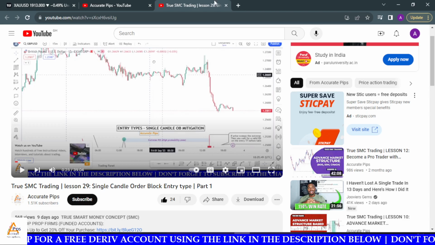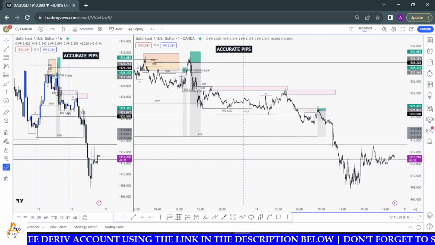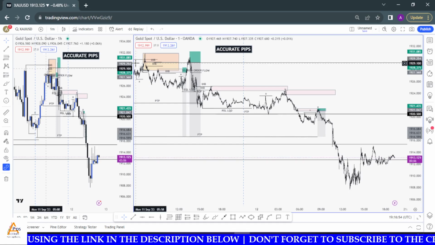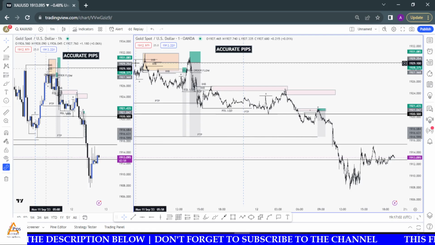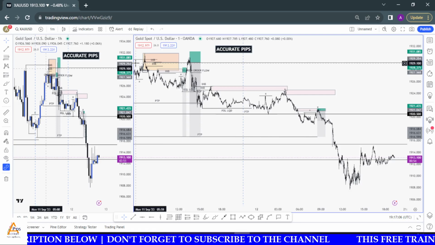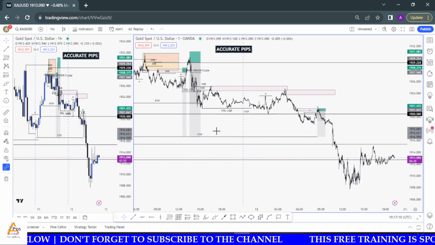All right, before I talk about anything, let's quickly recap all that I talked about in the previous lesson, the single candle mitigation entry type, part 1. I spoke about the single candle order block being created in both impulsive and corrective moves.